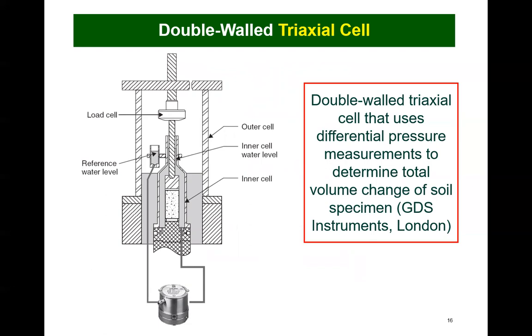Consequently, it is advantageous to measure overall volume change of the soil specimen as deviator stresses are applied. This slide illustrates the use of a second inner wall chamber with an accurate differential pressure transducer employed. Changes in water pressure relative to the reference point allow overall volume changes to be computed.